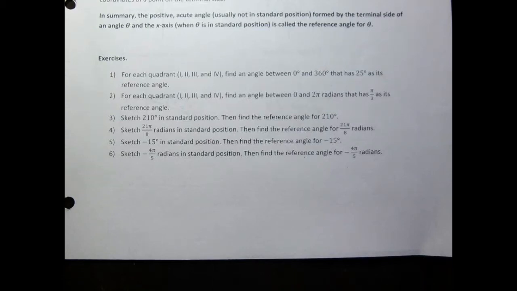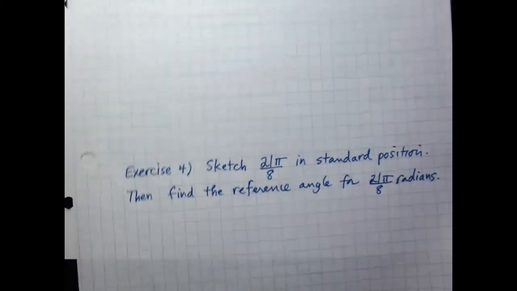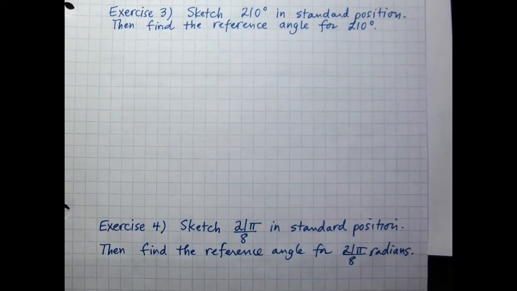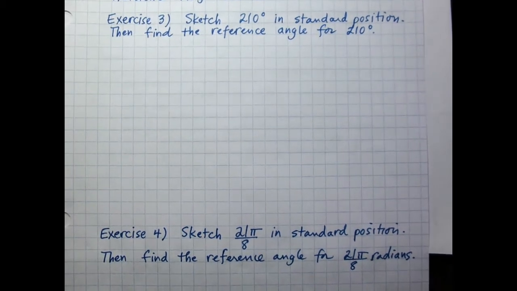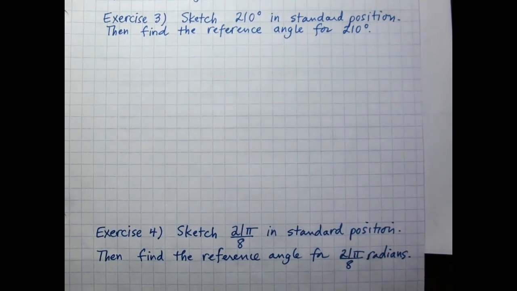We're continuing on with these exercises for reference angles, and we're going to move on to numbers 3 and 4 here. The first two were kind of artificial, kind of strange, because I don't think we're ever going to be in a situation where we start with a reference angle and want to find an angle having that reference angle.